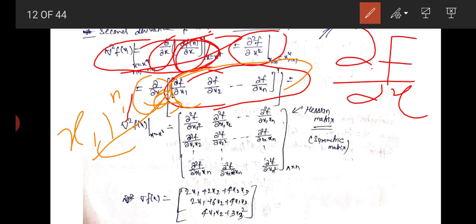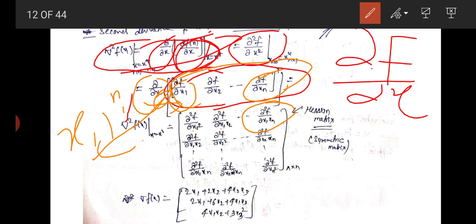Now when we find ∂²f/∂x, where x is x1 to xn, differentiating ∂f/∂x1 with respect to x1 gives ∂²f/∂x1², with respect to x2 gives ∂²f/∂x1∂x2, and with respect to xn gives ∂²f/∂x1∂xn.